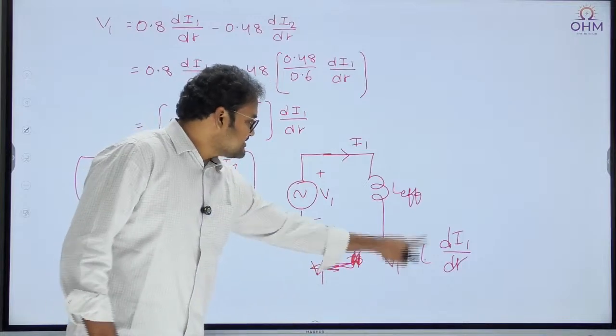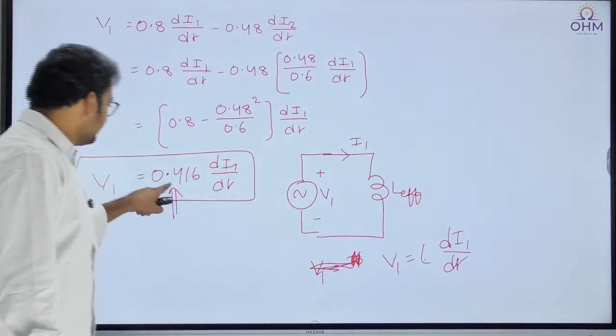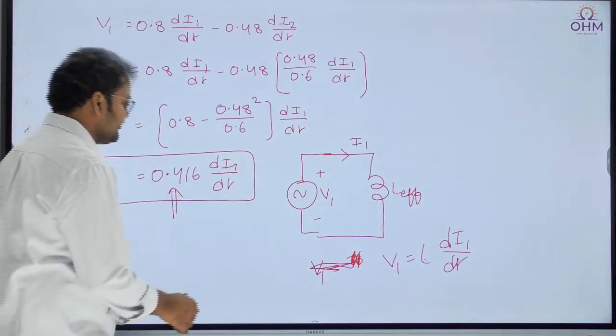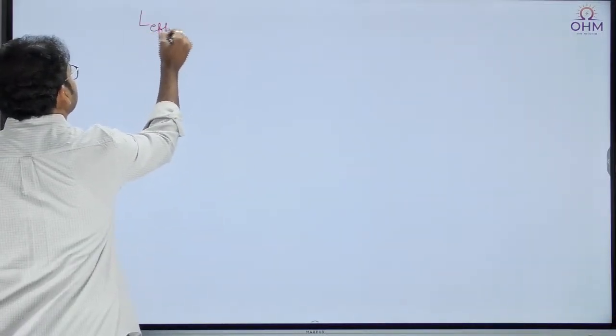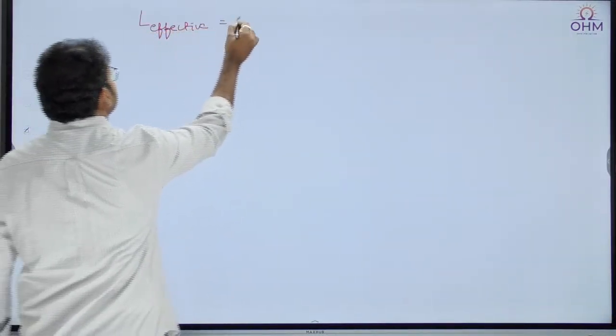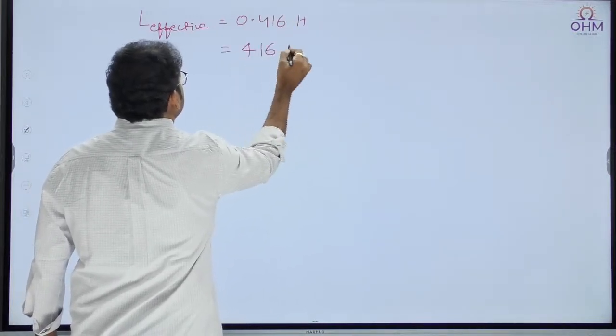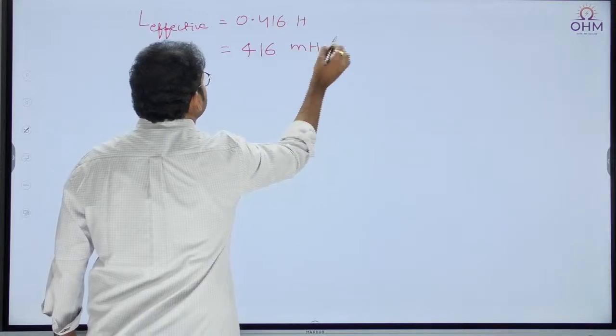Then that L is nothing but the effective inductance, and in place of that effective inductance you have 0.416 henries. Therefore, finally, the effective inductance seen from the primary side is 0.416 henries, indirectly 416 millihenries.